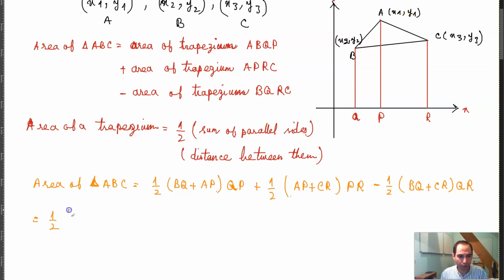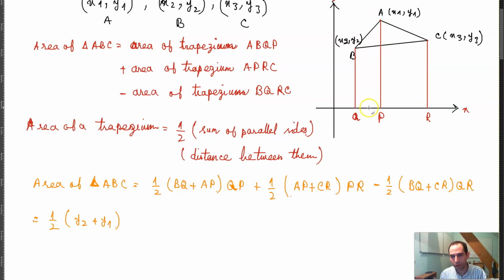So I can write this as y2 plus y1 times QP, which is the distance between x2 and x1. So I can write it as x1 minus x2.